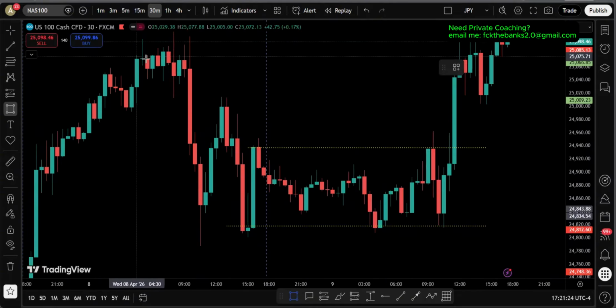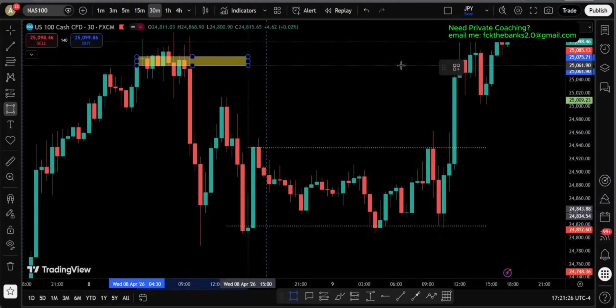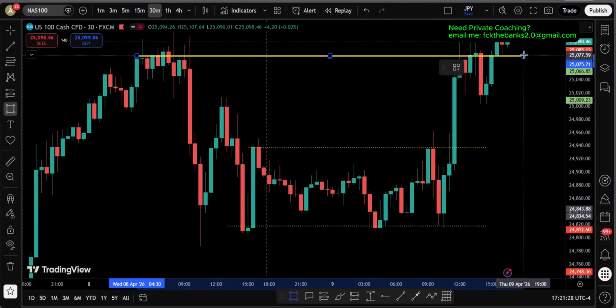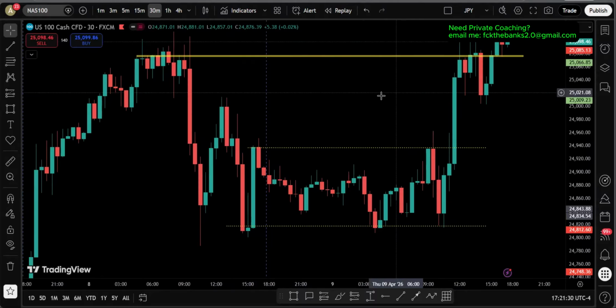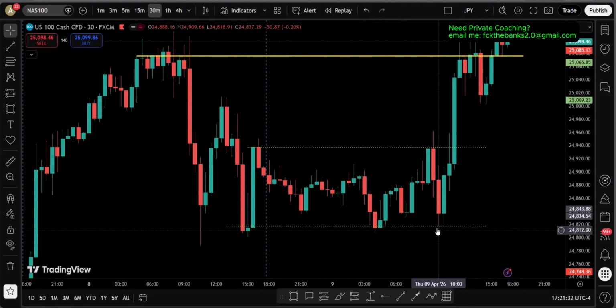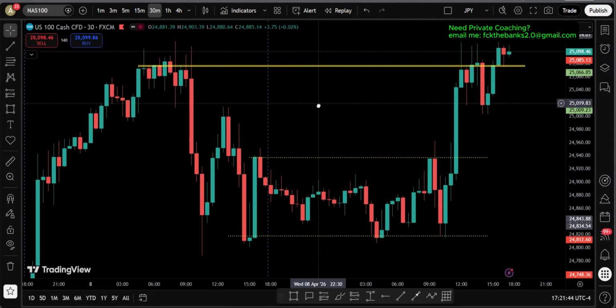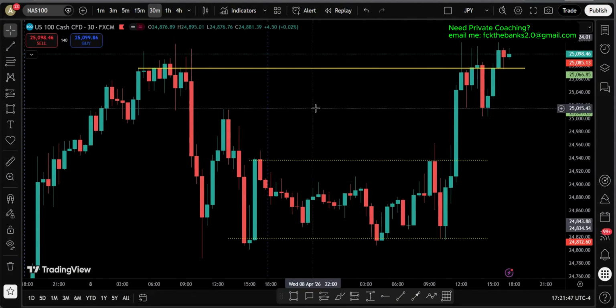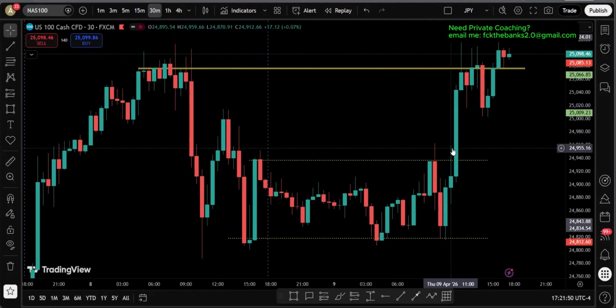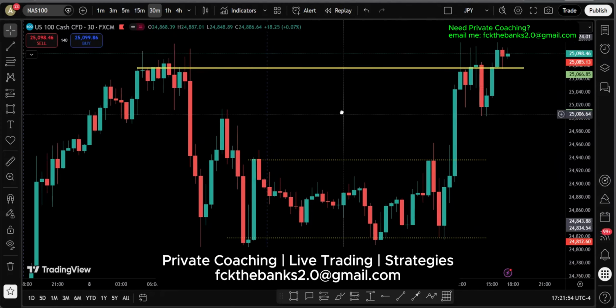And you can see, okay, we have this high, the previous daily high right there. So after price reached the low of the day, we had price breaking out, right, of this daily range, and it reached the previous daily high. Because why? Because it was still untouched. Okay, simple as that.